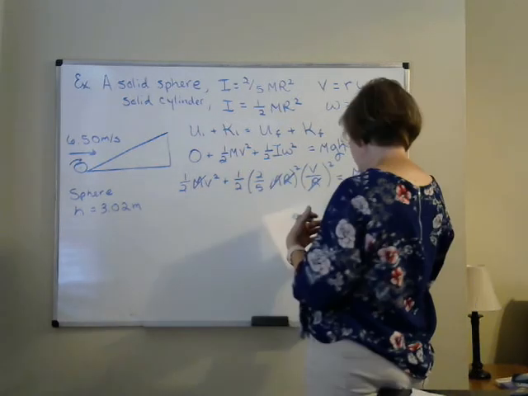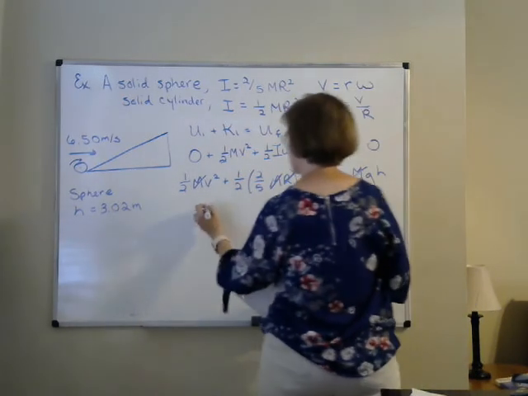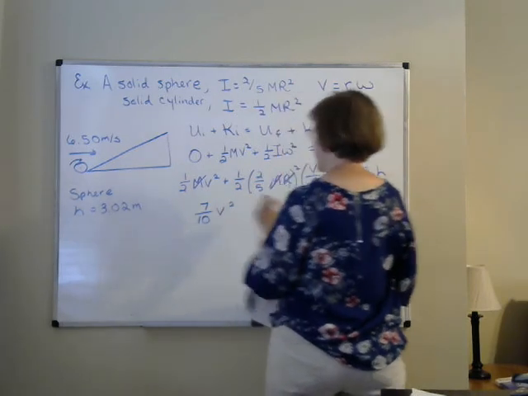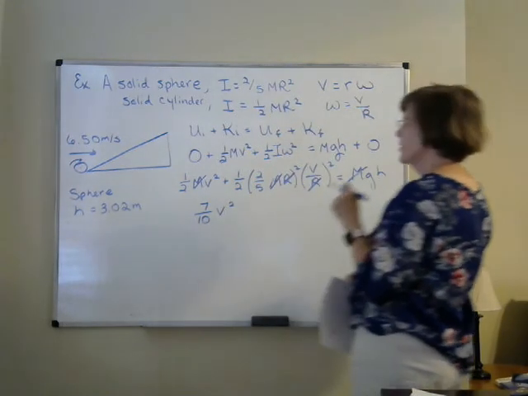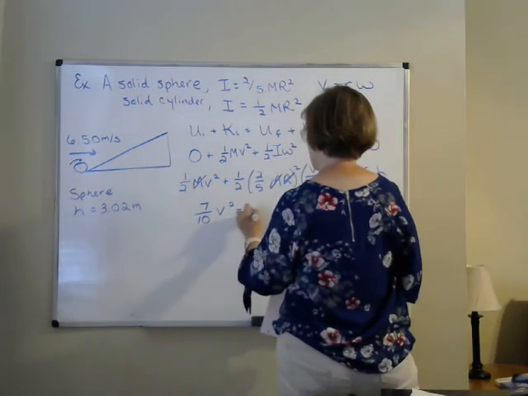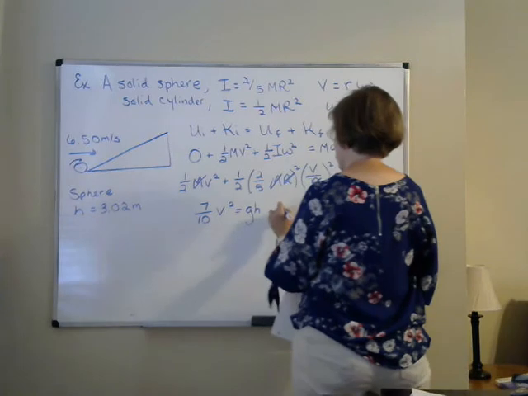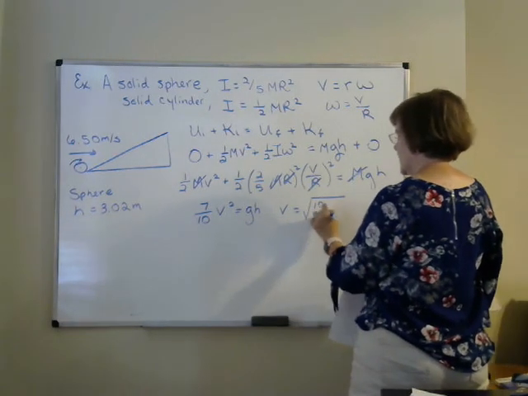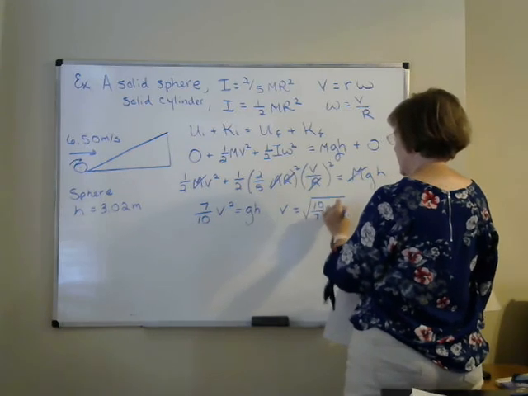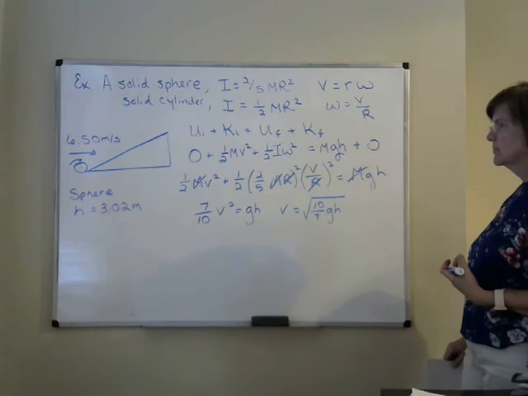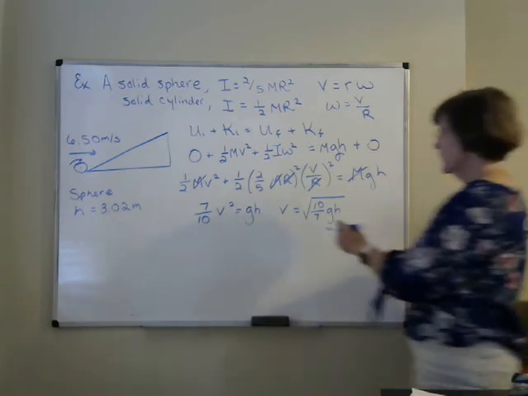This comes out to be 7/10 V squared equals GH. Oh, we're solving for H. I did that so wrong.